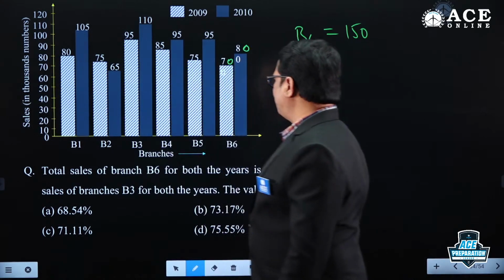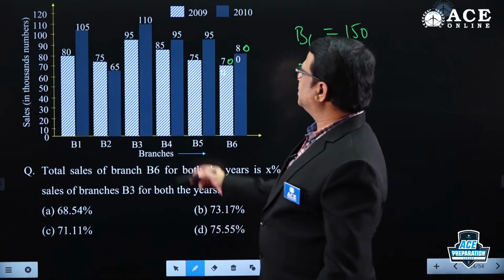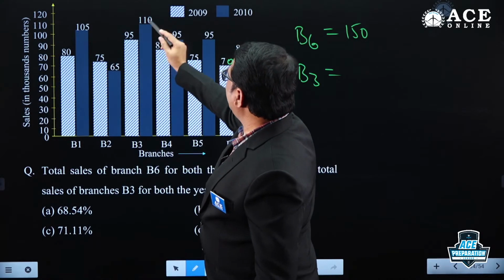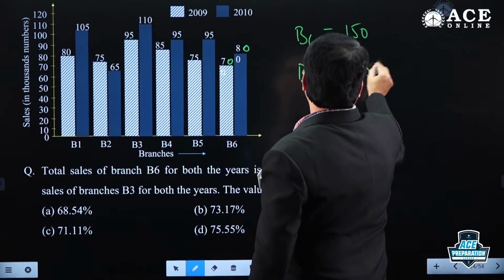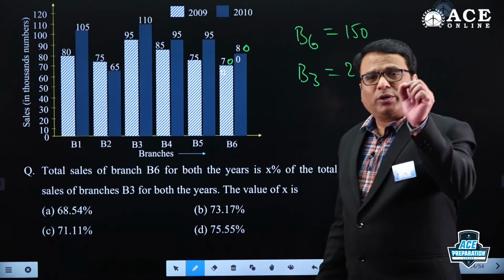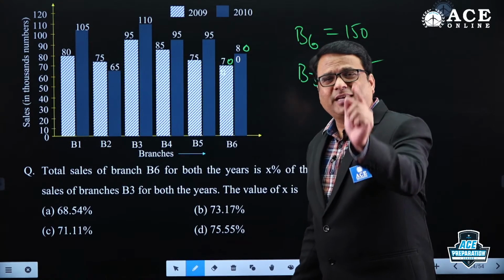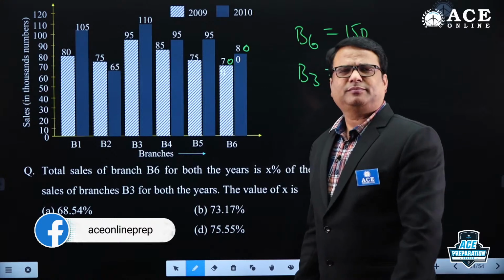What are the sales of B3 for both the years? 95 plus 110, 205. Now the question is, the total sales of B6 is what percentage of total sales of B3?